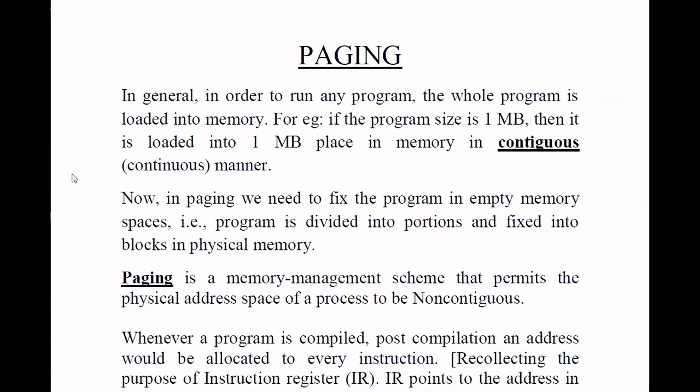When the system needs to load the instructions in order to run the program, obviously the whole program needs to be loaded into memory. This was the traditional manner in which processes were executed. So if the program size is around 1 MB, then the whole 1 MB program, the set of instructions, needs to be loaded into physical memory.